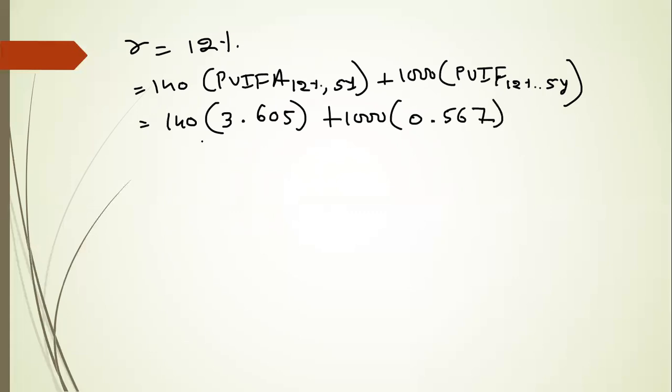Okay, so let's multiply 140 into 3.605. So we get 504.7, plus 1000 into 0.567, that will be 567.